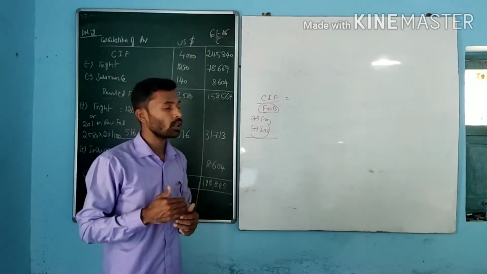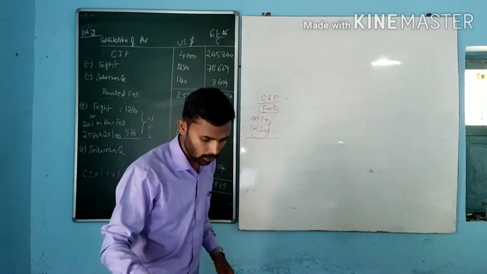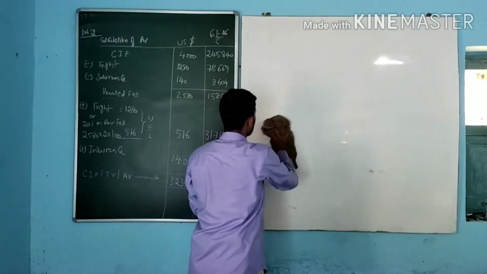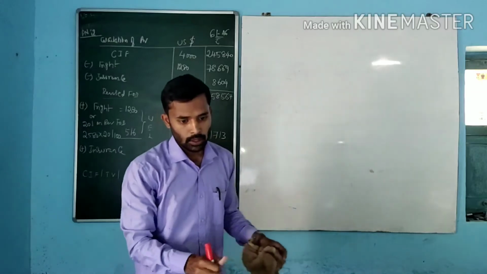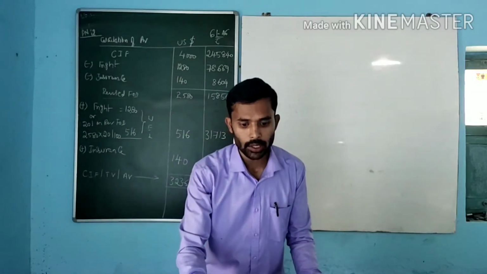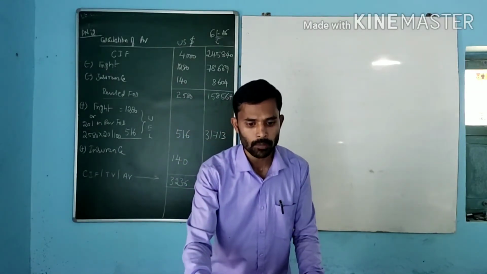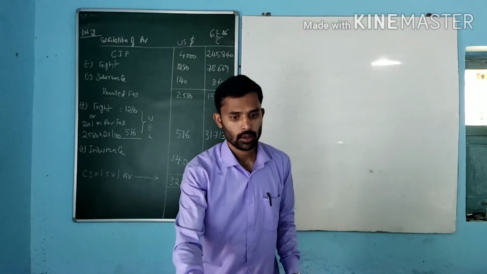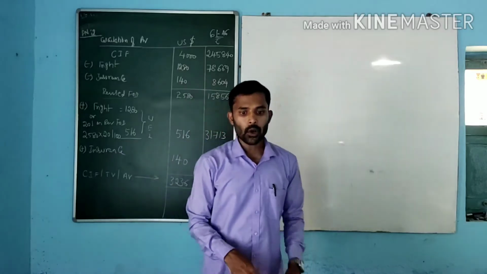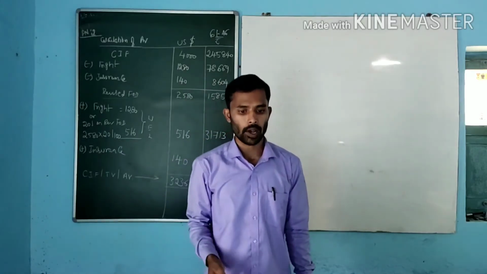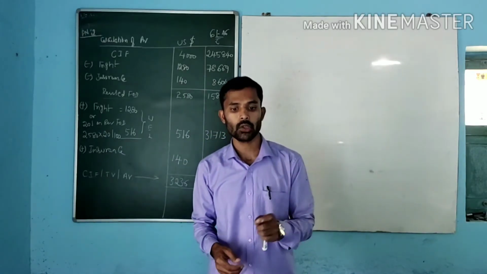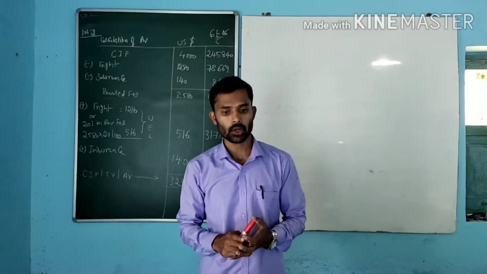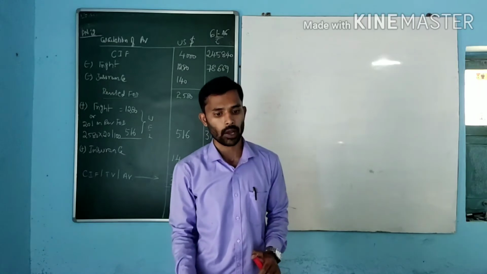Again continue with the next problem number 3. It is a 2019 question paper, a very simple problem. From the following information, compute assessable value. Value of the machine in UK pound 32,000, and it is a FOB value.